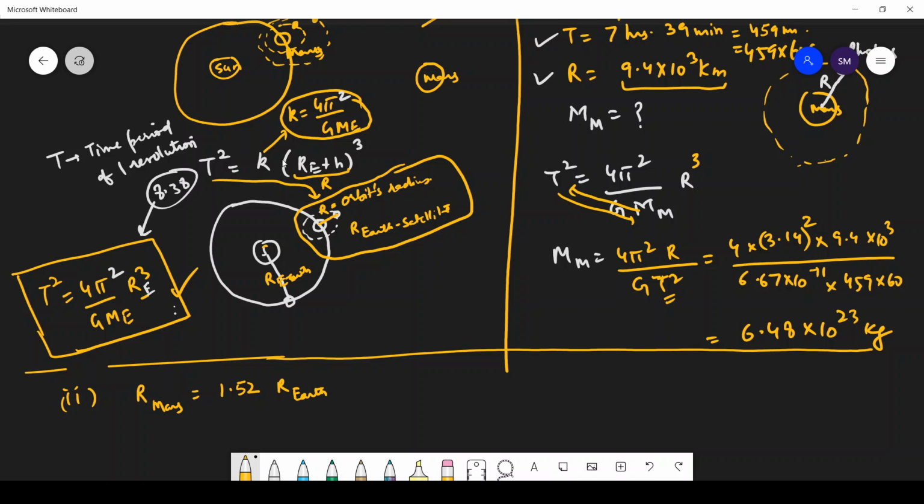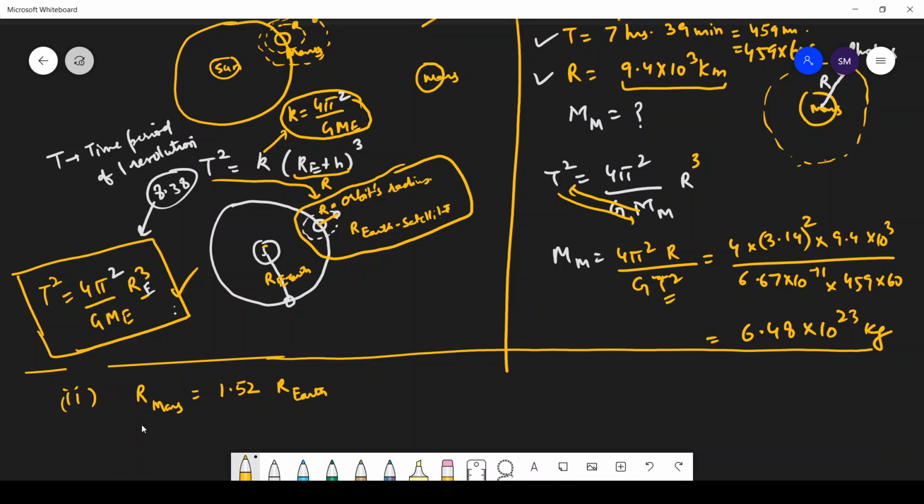Okay, so you know that there is Mercury and then Venus and then Earth and then comes Mars. So orbital radius of Mars is greater than that of Earth. Okay, so that is given to us. We have to calculate what is the length of the Martian year in days.